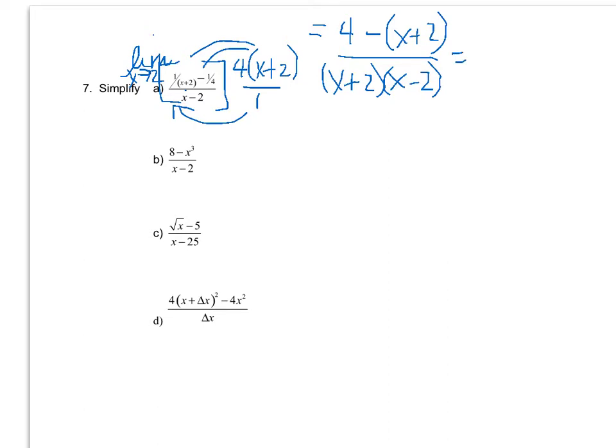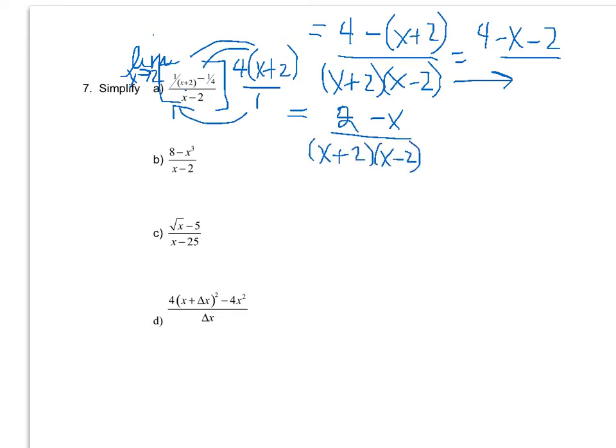Simplifying the numerator gives you 4 minus x minus 2 over that business. Numerator simplifies to 2 minus x over x plus 2 and x minus 2.